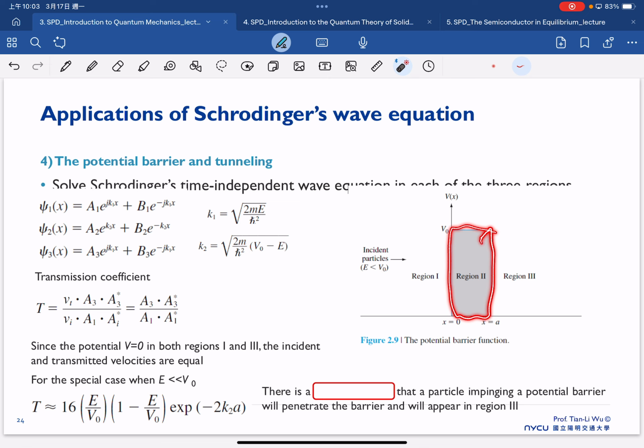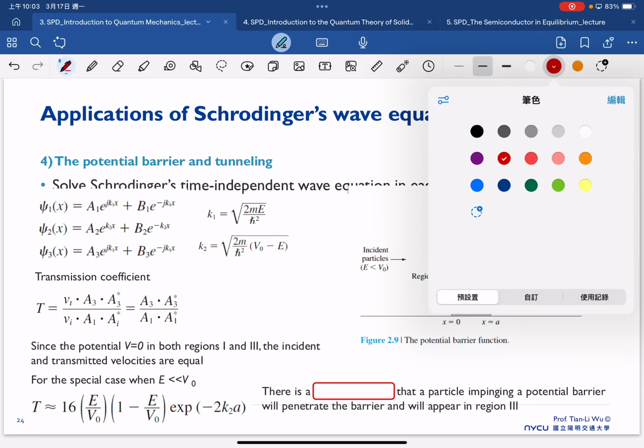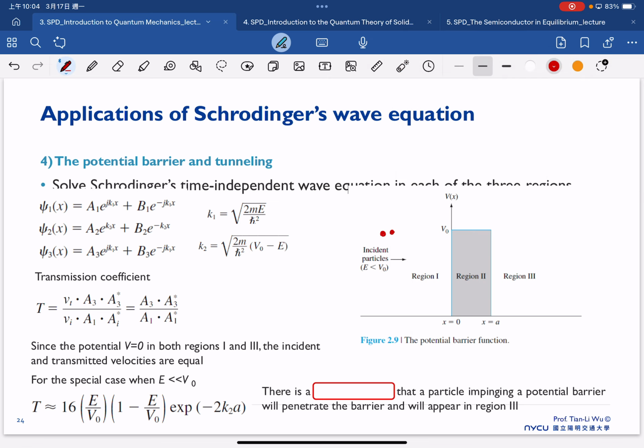And we also consider that there are incident particles trying to move to the right. So now we are going to try to solve the wave equation for regions 1, 2, and 3 as well. This is to solve the time-independent wave equation in each of the three regions.